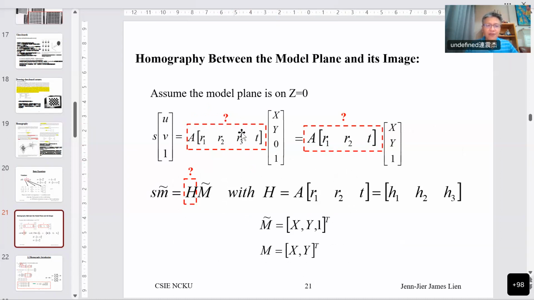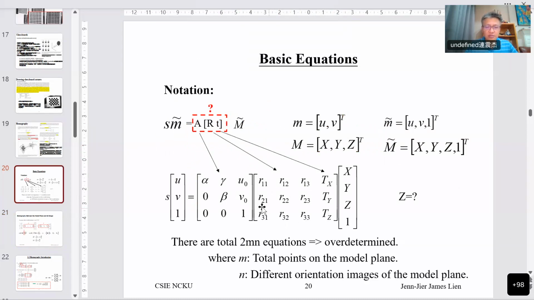That means R3 is multiplied by z, which is 0. For the multiplication, this one times this one: R11 times X, R13 times Z, and because Z equals 0, the R13 term will be 0, no value.